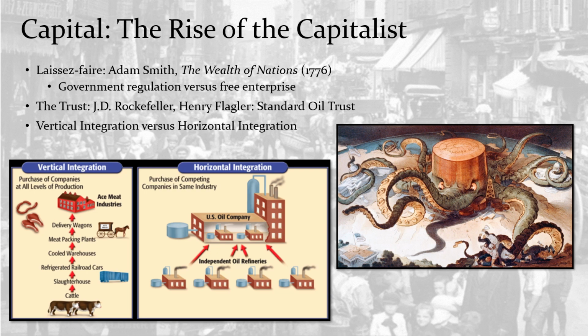That's how much money we're talking about. Horizontal integration is more along the lines of Standard Oil, where you have independent refineries which are all owned by the Standard Oil Trust, competing companies all within the same industry.